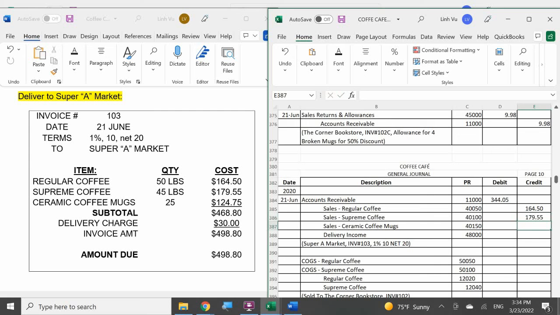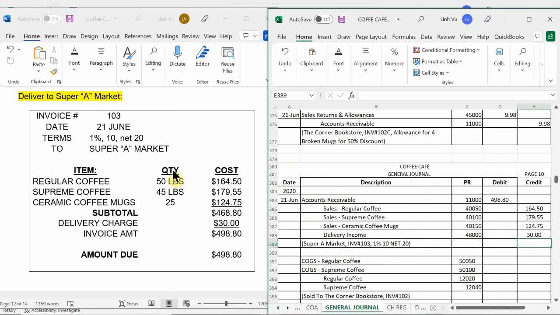Ceramic coffee mugs. I sold 25 of them to give us a total of $124.75. And we charged them delivery of $30. So in this case, does my total debits match my credits here for $498.80? Yes, it does. Okay.